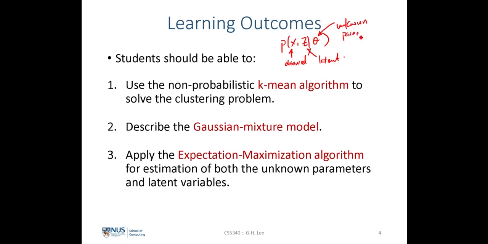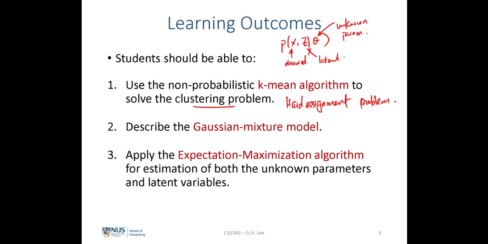We will see in the first part of the lecture how this, formulated in a deterministic way, is equivalent to the k-means algorithm and the clustering problem. We will also see that the k-means algorithm is equivalent to what we call the hard assignment problem, or the hard assignment clustering problem.